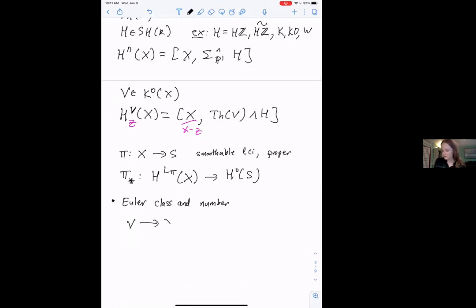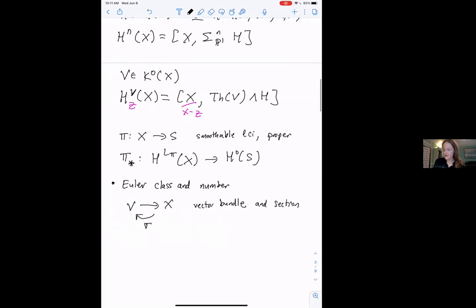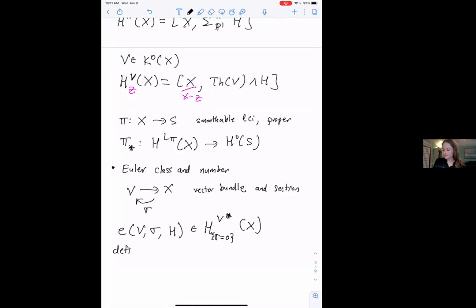Here, so if we take a vector bundle and a section, then we'll get an Euler class of the vector bundle with support in the zero locus of the section, valued in the cohomology theory H, V dual with support in sigma equals 0 of X, given by the map from X to V, which is the section.